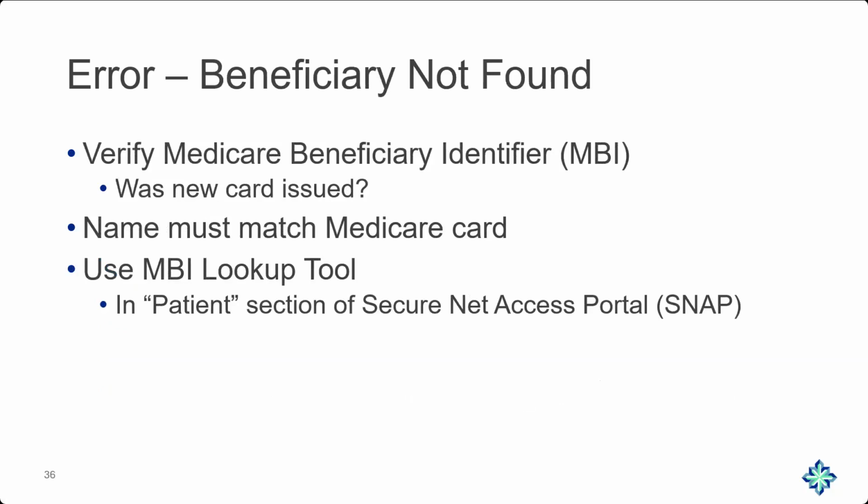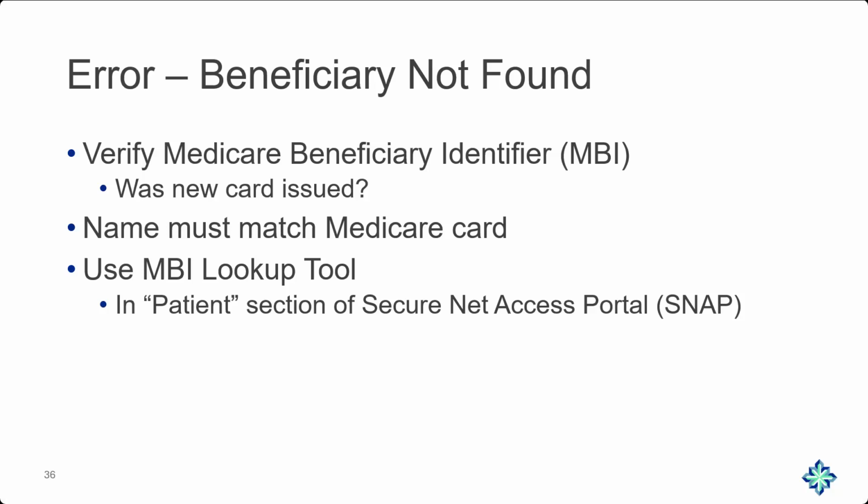Next is beneficiary not found. If you receive an error that states the beneficiary is just not found, you might have to do a little more research. First, verify the name and Medicare number match what's shown on the patient's Medicare card. If the beneficiary lost their card, it was stolen, it went through the washing machine, so it was otherwise compromised somehow, Social Security may issue them a new card with a completely different number.